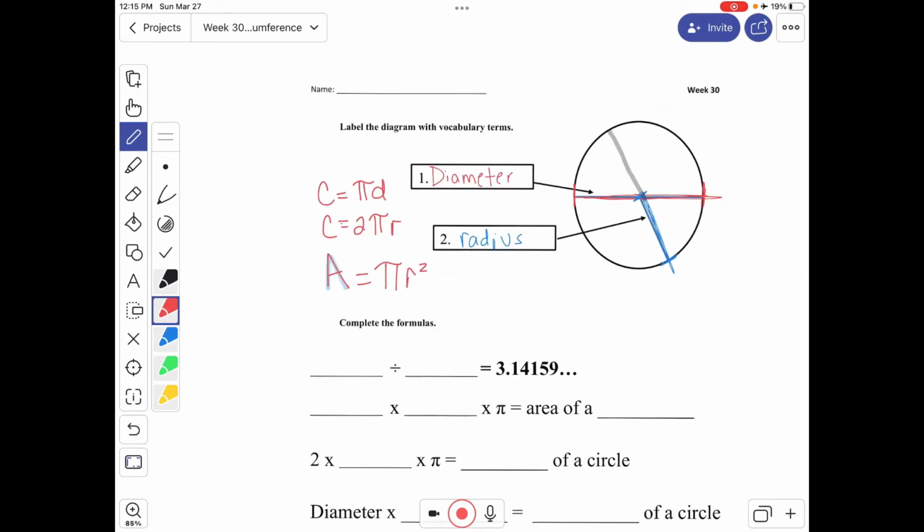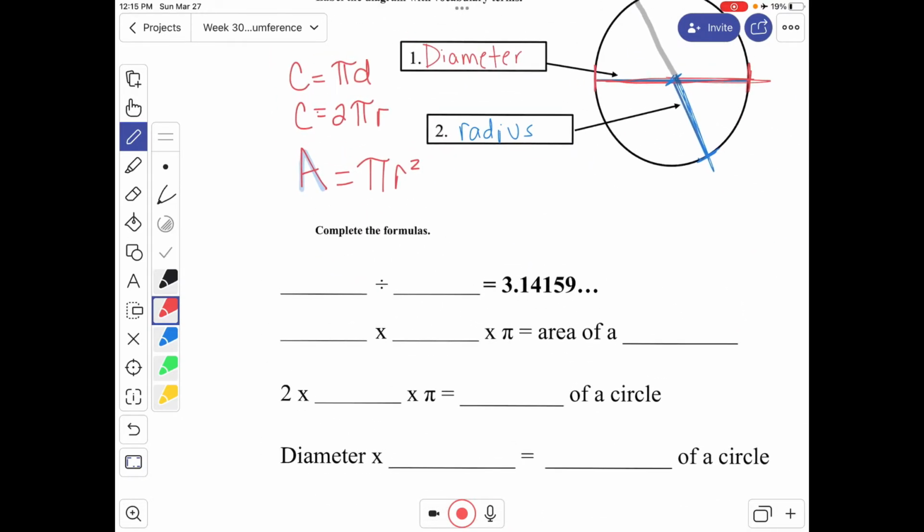And you're going to be expected to kind of manipulate those formulas. So this first fill in the blank is talking about this formula right here. How can I get pi by itself? Remember how we solve equations? To get something alone, we have to do the opposite.